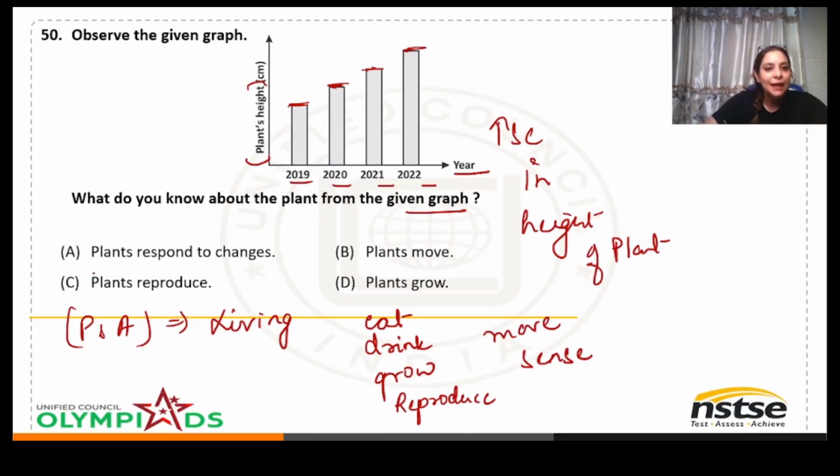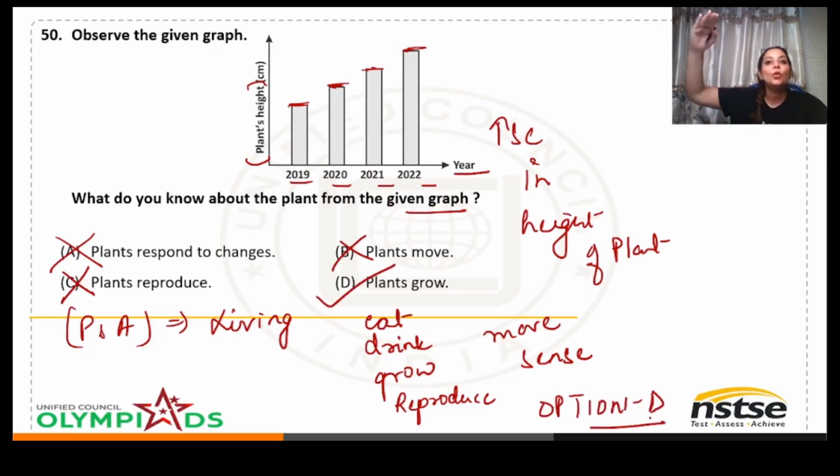So option A says plants respond to changes. No. Plants move. No. Plants don't show any sort of movement. Plants reproduce. Yes, but after looking at it, we cannot say that this data is in accordance with the reproduction of the plants. Yes, option D is the correct one, because it shows that plants grow. With passing years they are growing because they are increasing in height.